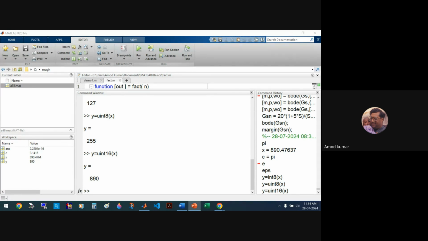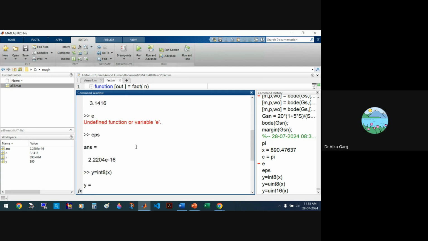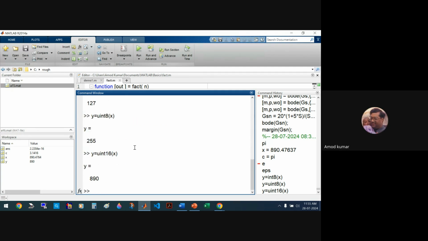You are asking it to convert the value of X, 890.4764, into integer. What is X here? X was a variable which we defined. Just a minute, see, this was X. Okay, got it. Right.